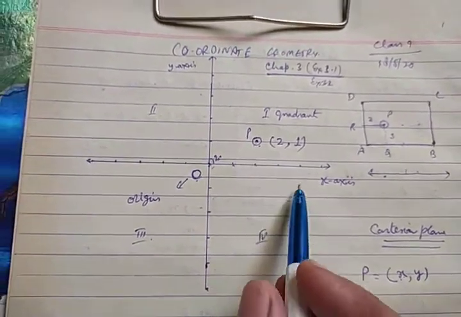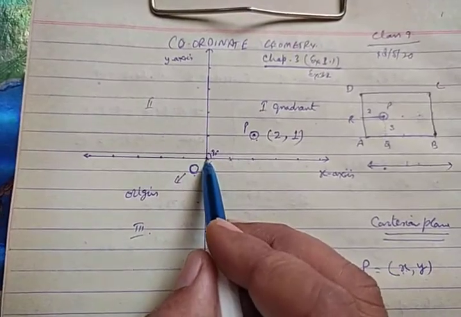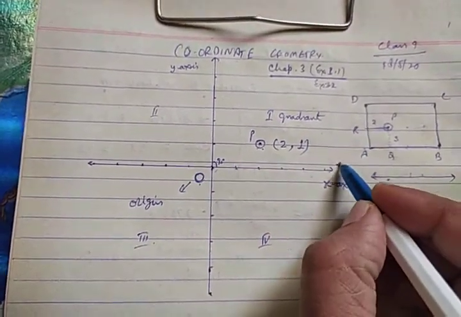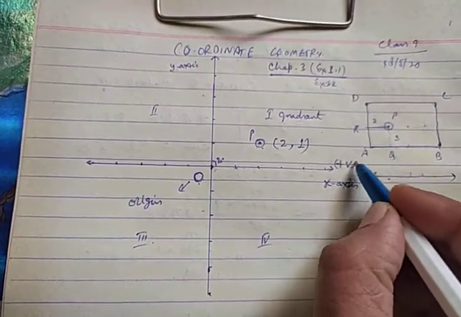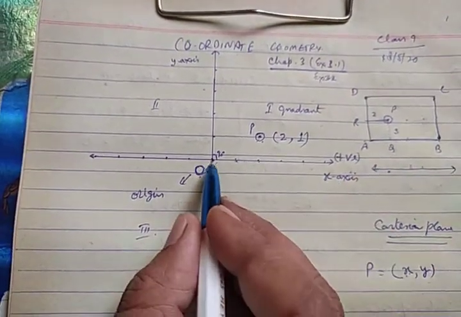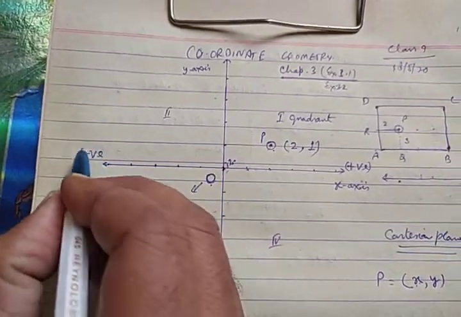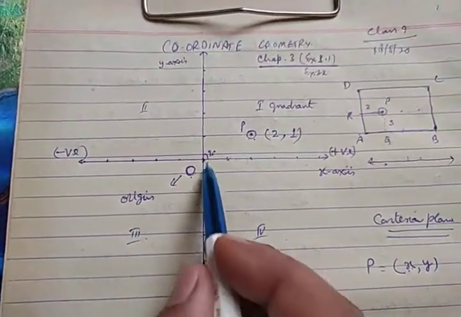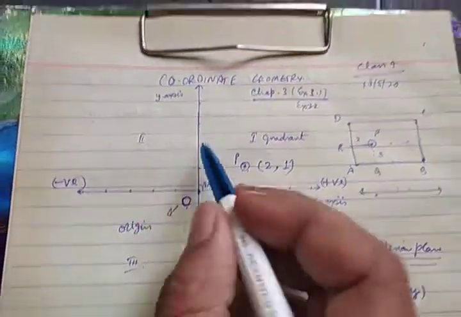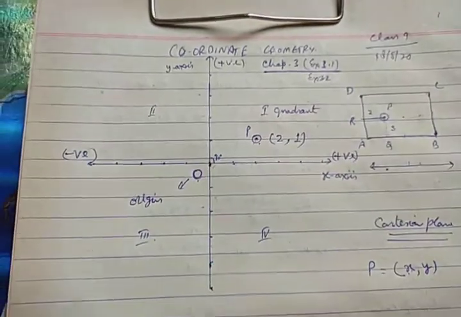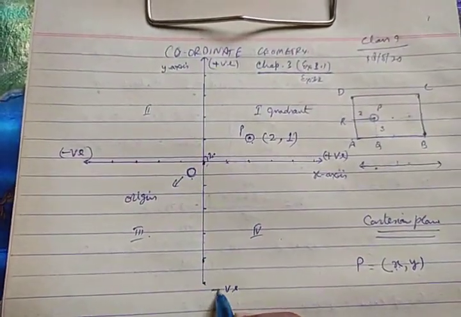Now one thing more. From the origin, if you move towards the right, meaning towards your right hand, this is called the positive measurement. And if you measure towards the left side of your hand, this is called the negative measurement. And from the origin, if you move upside, this is called positive. If you move downward, this is called negative.